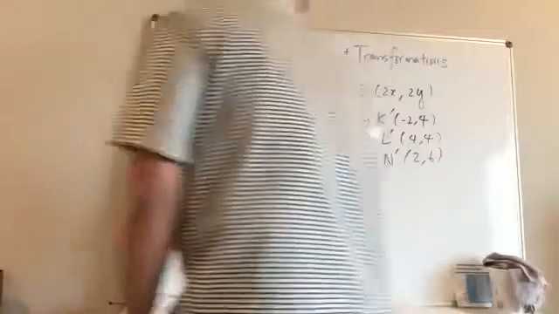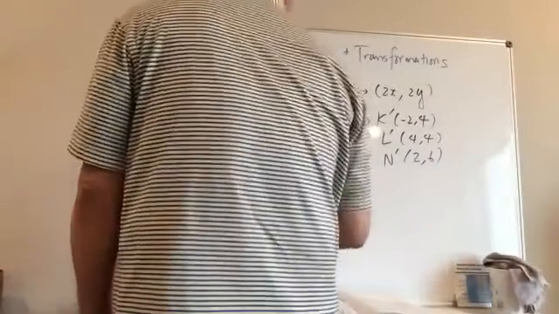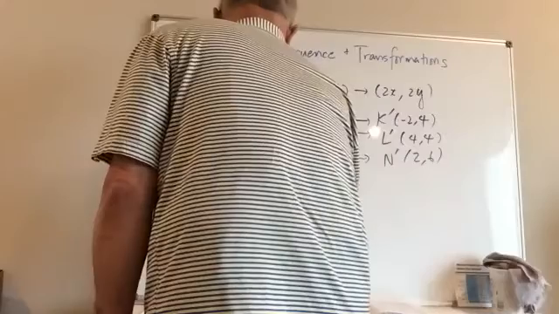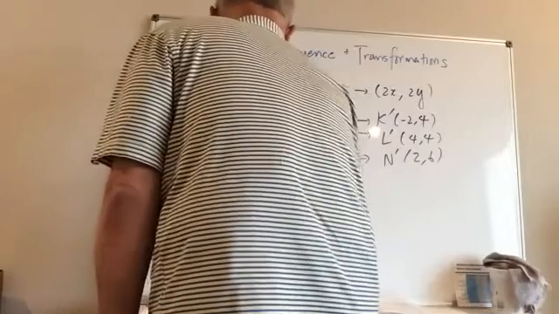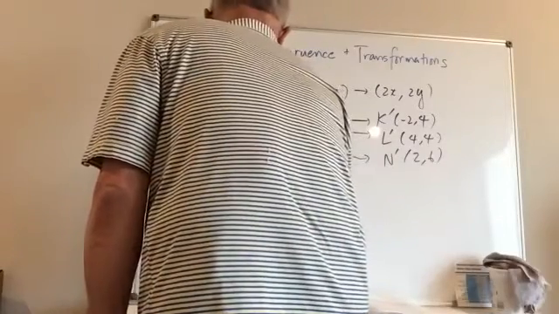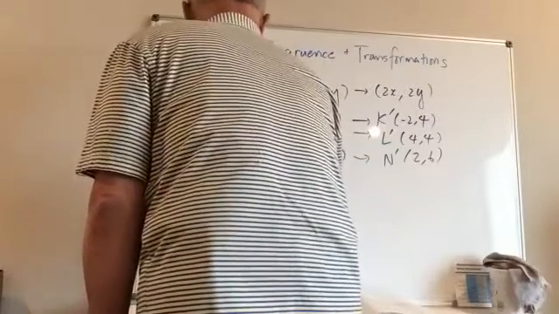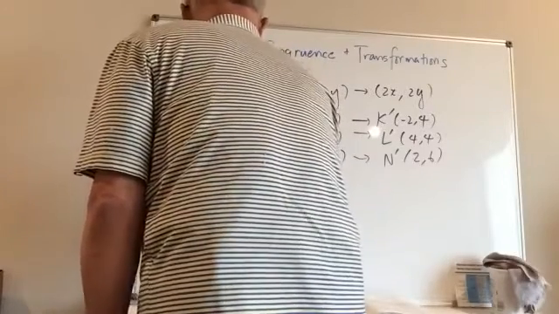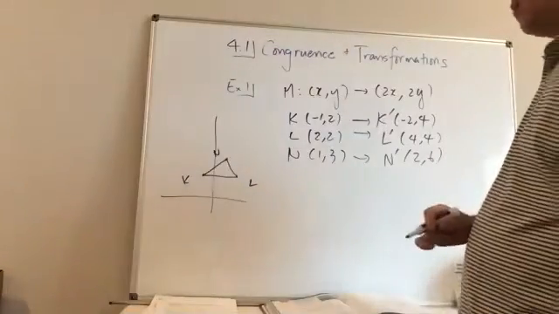We're going to start with -1 and 2. So this is K. And then I have 2 and 2. So this is L. And then I have 1 and 3. So that's N. So this is where I started.